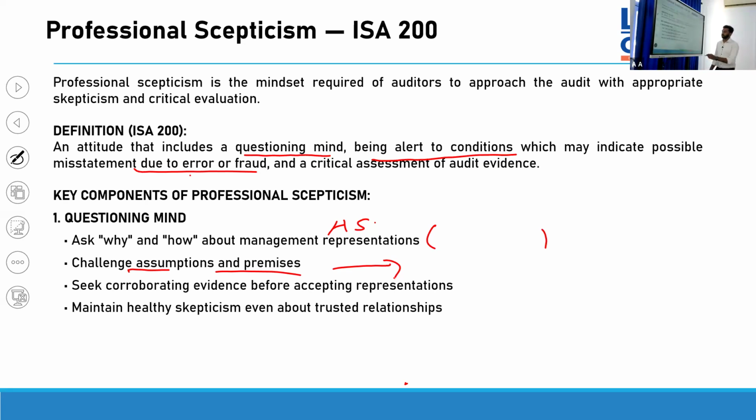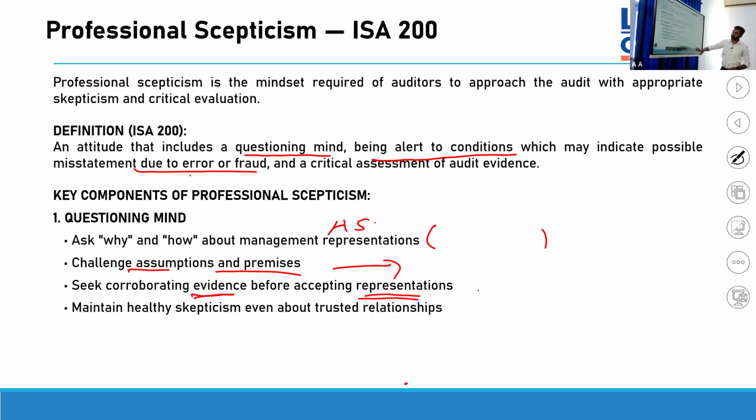Seek evidence before accepting representations, right? We must always ensure there is sufficient and appropriate evidence for those representations or assertions, right? Next one, maintain healthy skepticism even about trusted relationships.